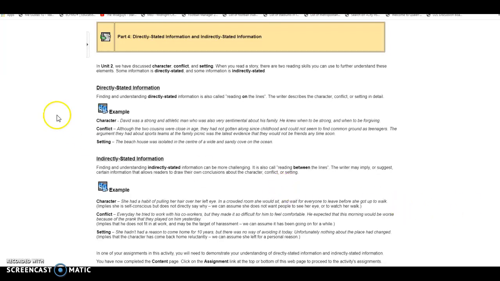And so they give you examples here of how you can directly explain a character, you can directly describe a conflict, you can directly describe setting. And then they give you examples here of how you can indirectly describe character, conflict, and setting.